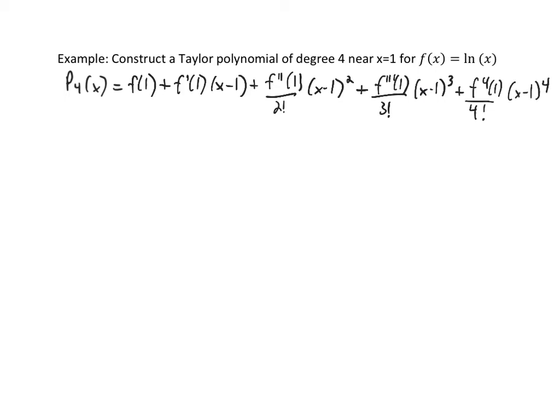So really what we need to do is find each one of these coefficients so we can fill this in. Let's write out what these actually are, and then we'll go back and plug them in, so we can get the derivatives first.